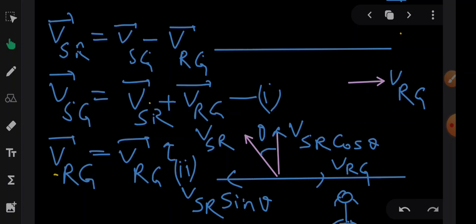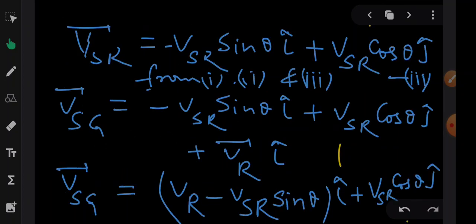Now VSG is the vector sum of these two velocities. So substitute the velocities VSR and VRG. What you get? VSG is equal to minus VSR sin theta i plus VSR cos theta j plus VR i.